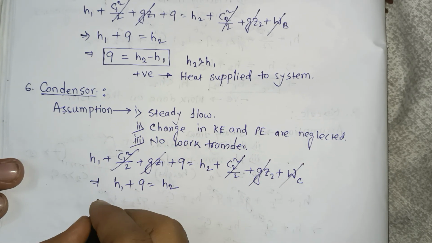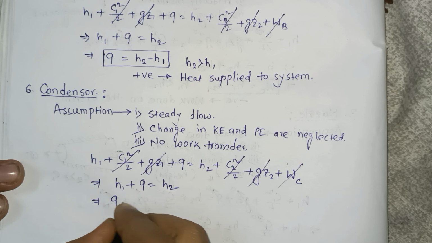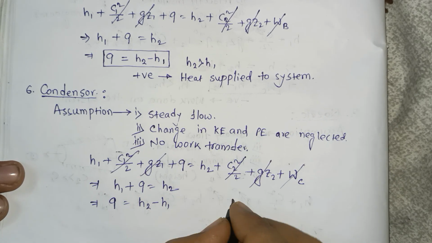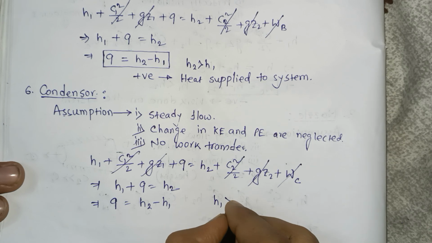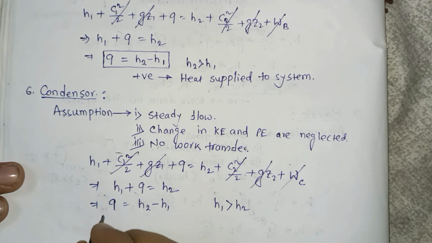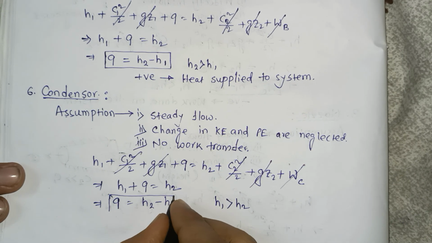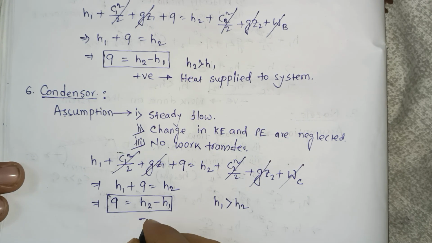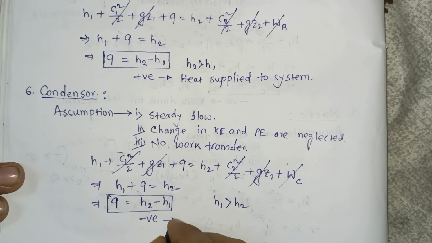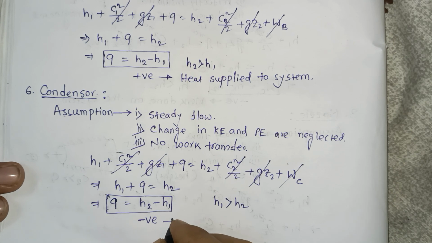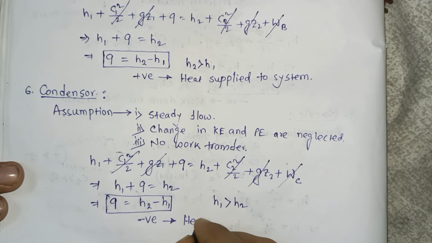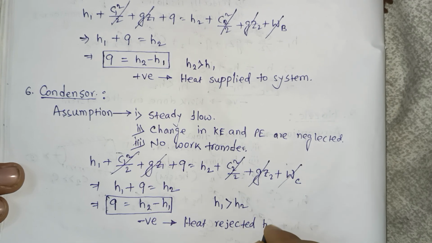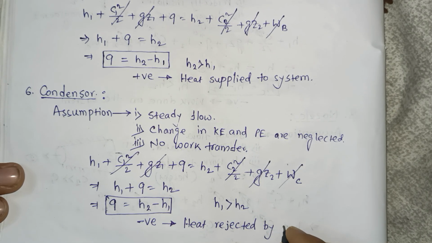From here you can see that Q is equal to H2 minus H1, but here H1 is greater than H2. That is why this Q value is negative. That means heat rejected by the system.